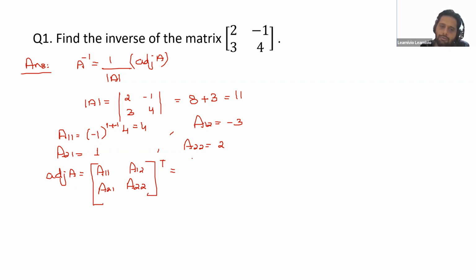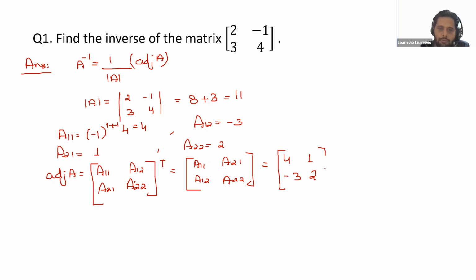So this will be equal to A11, A21, A12, A22. And this will be equal to 4, 1, -3 and 2. So the adjoint of A, we will get this one.